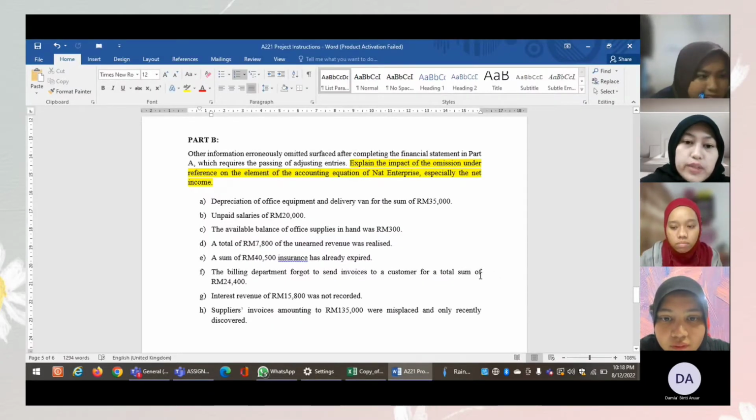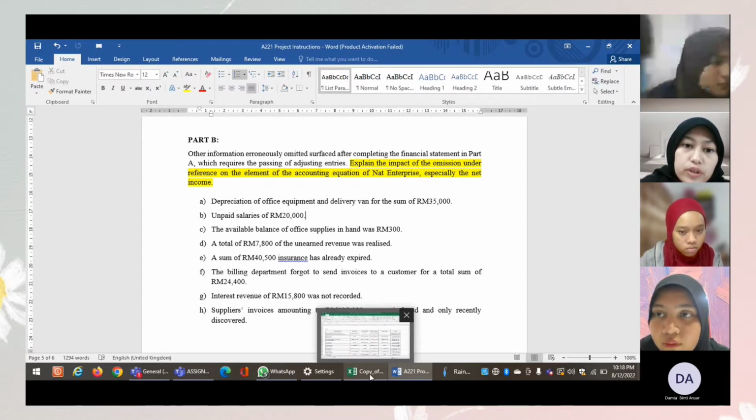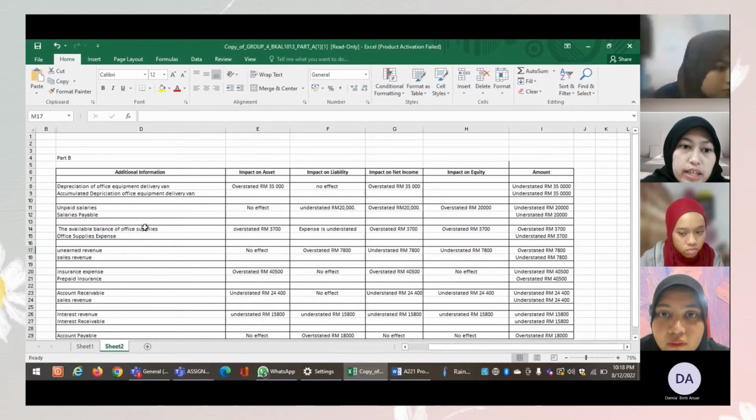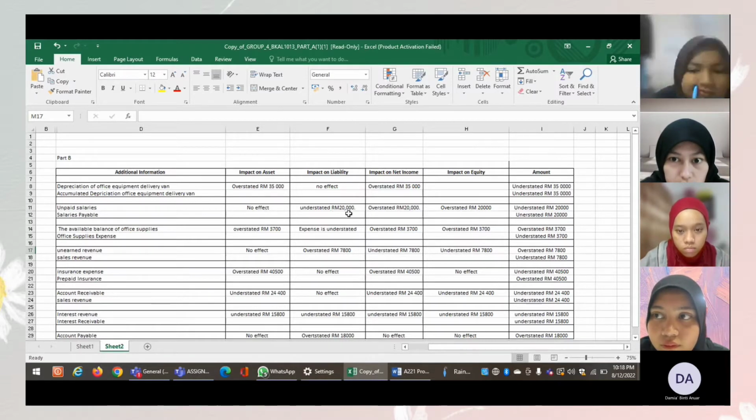Okay, so I'm continuing with question B, which is unpaid salaries of 20,000 ringgit. For this question, the accounts involved are unpaid salaries and salaries payable. For impact on asset, this account has no effect. Next, for liability, this account is understated, which is 20,000 ringgit.